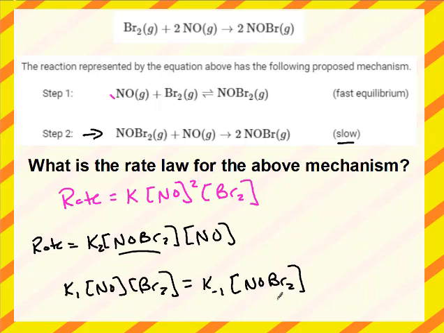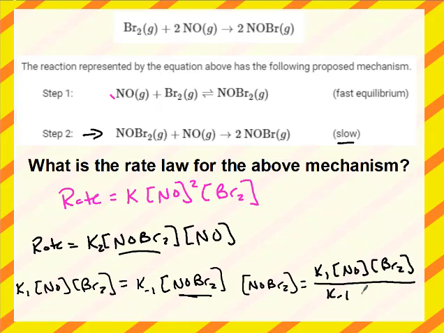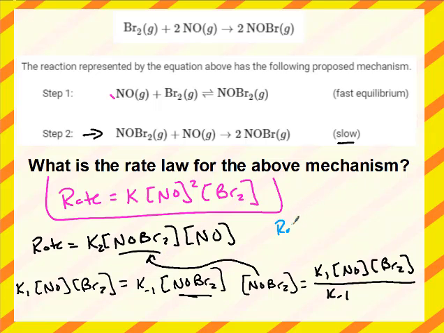Rearranging and solving for just my intermediate. Now I can plug this into my first equation for that intermediate. So I get rate is equal to K2 K1 over K negative 1.